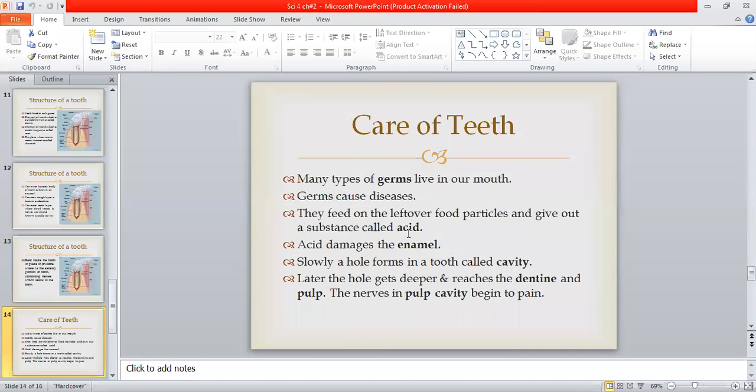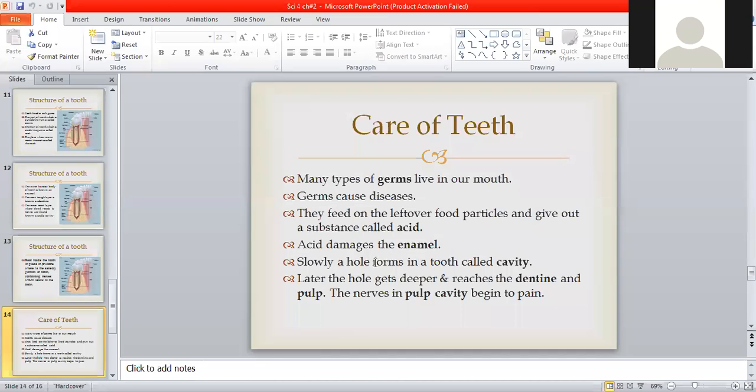Sometimes when you wake up in the morning, because in the late night when you finished your dinner you didn't rinse your mouth with water, that's why in the early morning you feel a very bad breath. The acid produced when the food particles are left over damages the enamel. Again I'm saying that enamel is the hardest outer covering of the tooth.